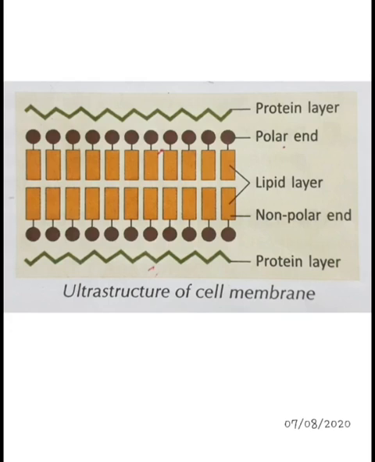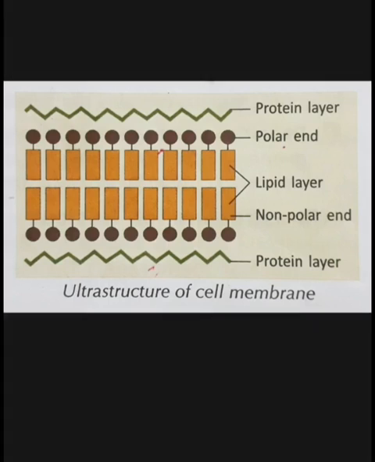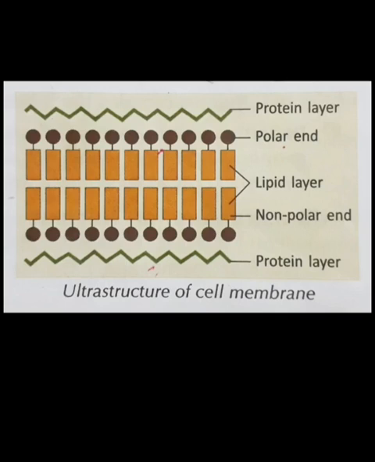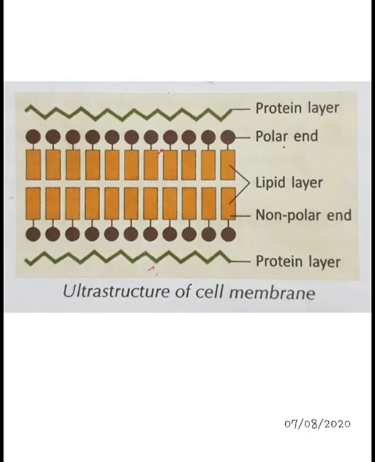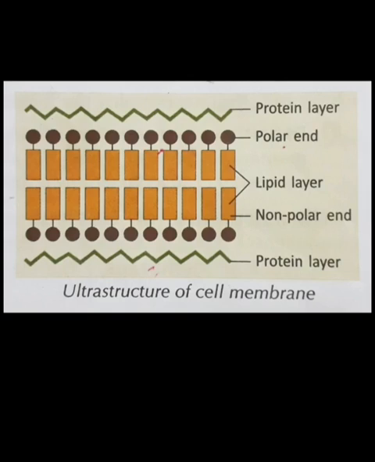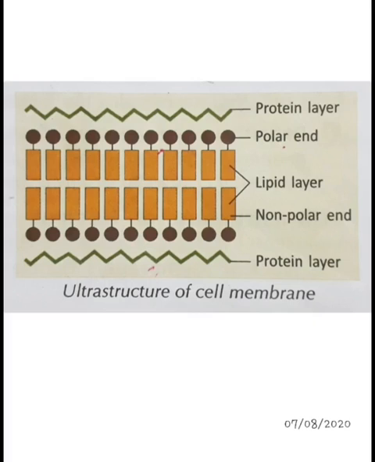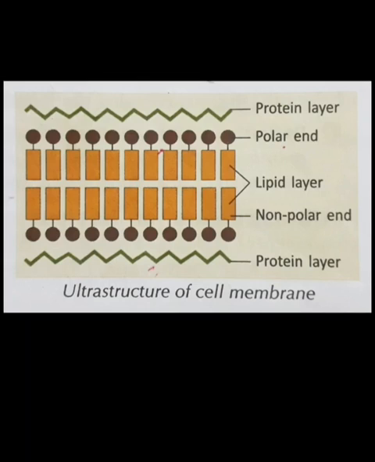Then you can see the circular head-like structures on the lipid layer. Those are the polar ends of the lipids, and the yellow parts are the non-polar tails of that layer. The brown colored polar head is the hydrophilic part, philic meaning loving something, and hydro meaning obviously water.